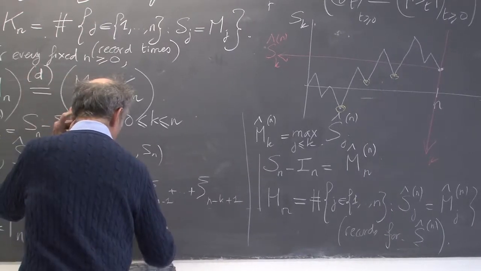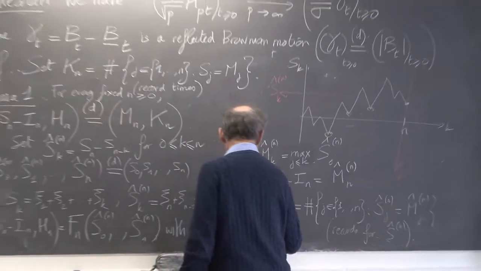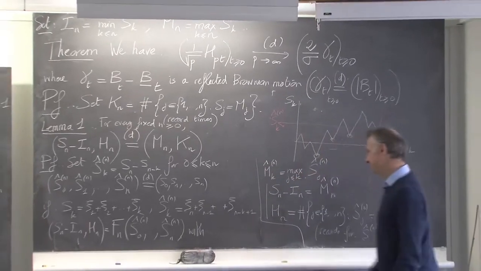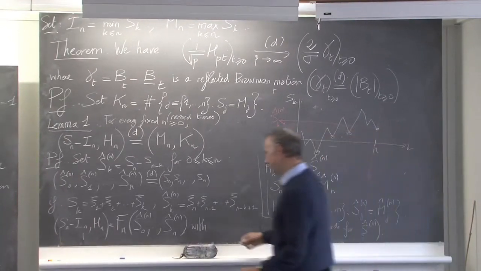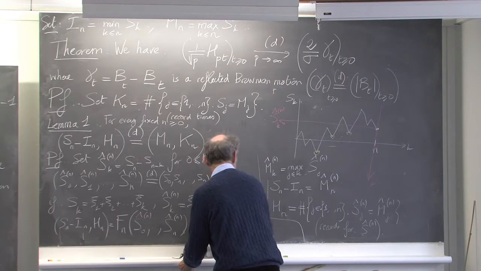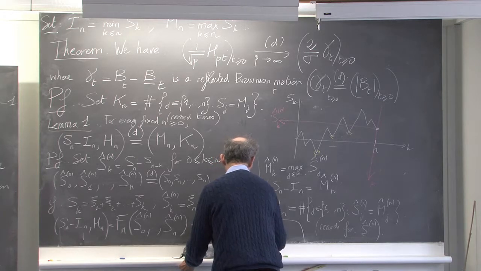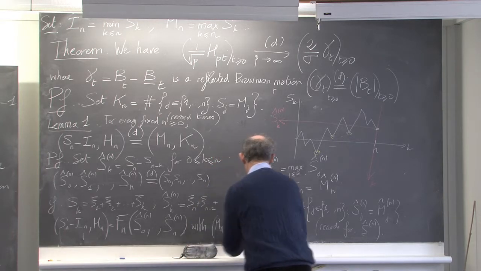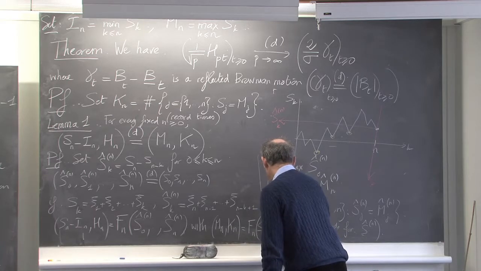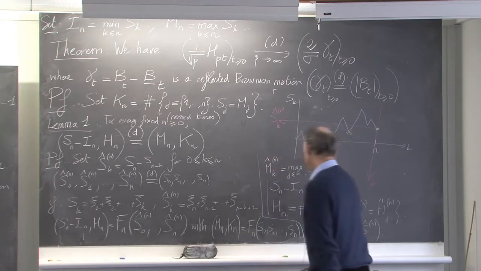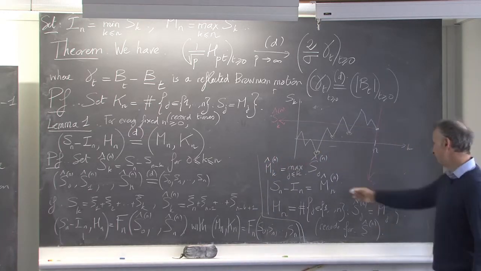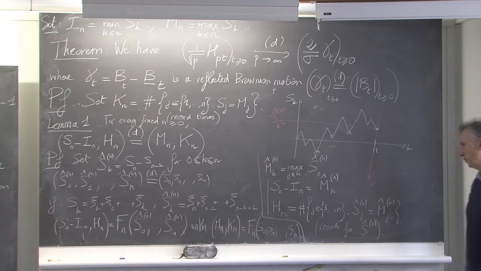And the function is not anything. It's exactly the function, the same function, that gives you that the maximum of the random walk and the number of records is equal to Fn of S0, S1, ..., Sn. Okay? Just have to look at these two formulas and you get this.